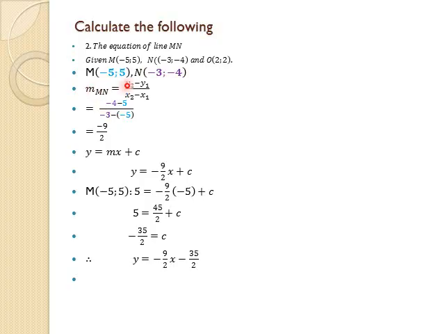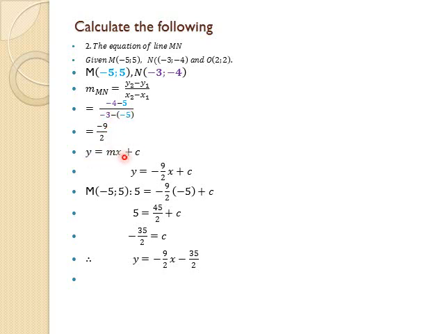Gradient MN equals y2 minus y1 over x2 minus x1. So my y value there, minus 4 minus 5. X value is minus 3 minus minus 5. So minus 4 minus 5 gives me negative 9. Negative 3 plus 5 gives me 2.